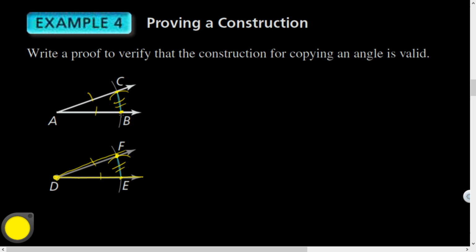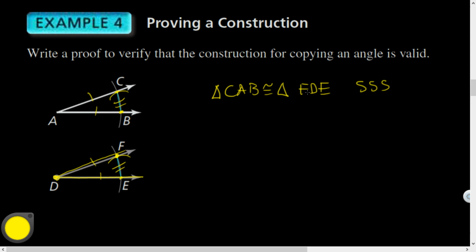So how do I know that these two triangles are congruent to each other? Why are those two triangles congruent? What information have I labeled on those triangles? Side, side, side.